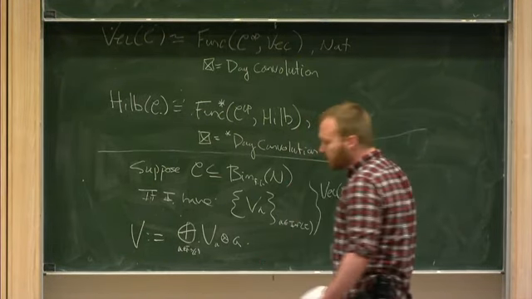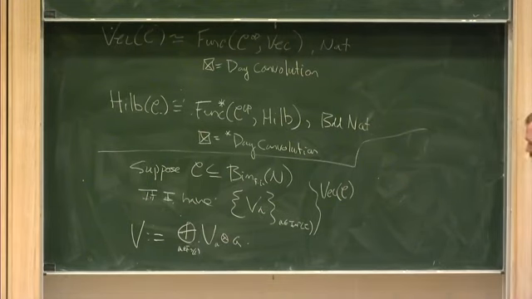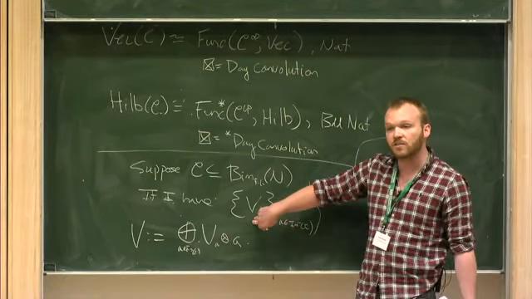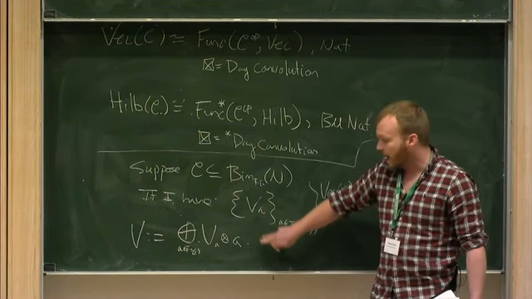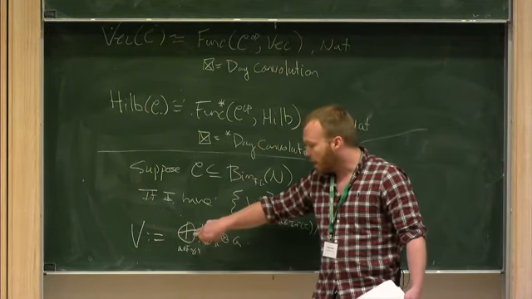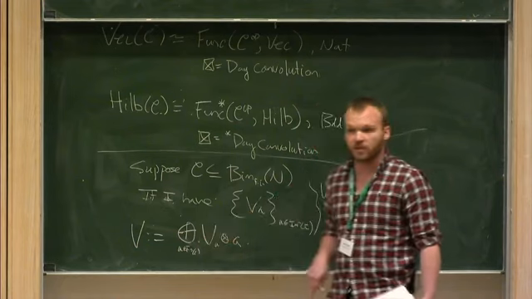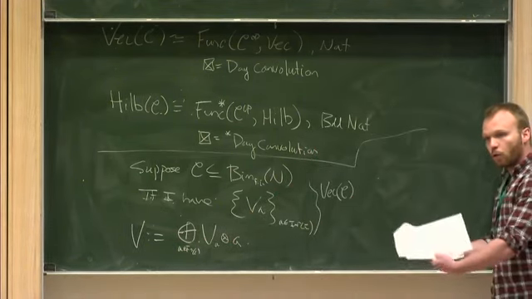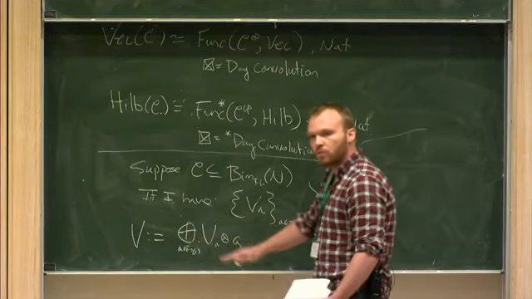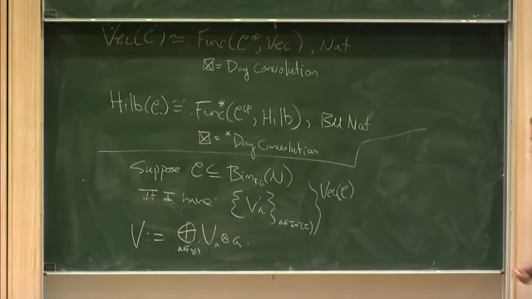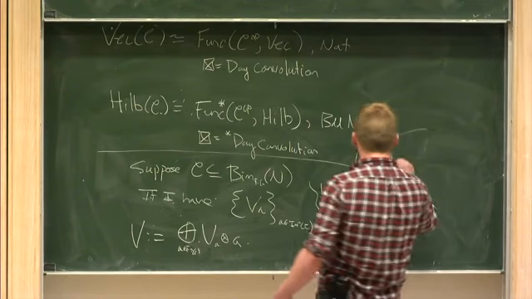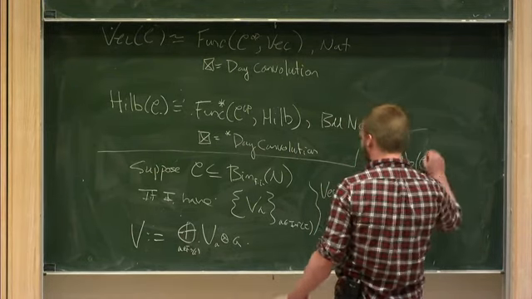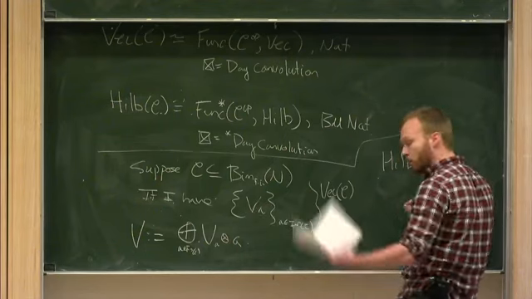Now, to do Hilb C, you do the exact same sort of thing, but instead of vector spaces, you have actual Hilbert spaces. And when you do this, you take the Hilbert space direct sum. Morphisms in that category should be actual bounded linear maps between the resulting Hilbert spaces. So Hilb C is similar, but you just replace this with Hilbert spaces.